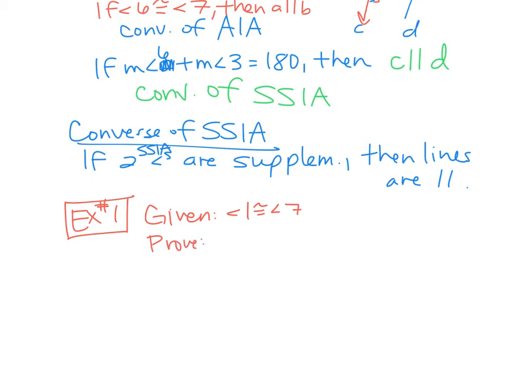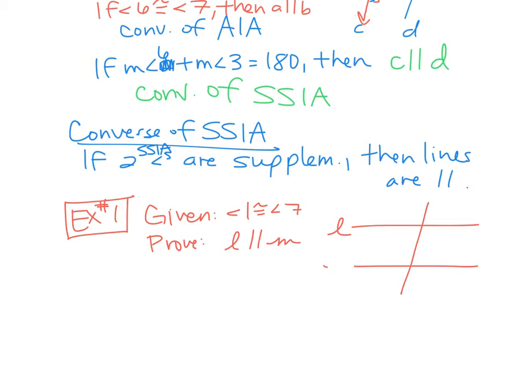And we need to prove that L is parallel to M. Okay? And I'll tell you this, whenever you're proving lines parallel, your last step of your proof is going to be the converse of something, right? Because if we have to prove lines are parallel, we have to use a converse. So keep that in mind when you're doing proofs. If it's saying prove lines are parallel, you're going to use a converse somewhere.